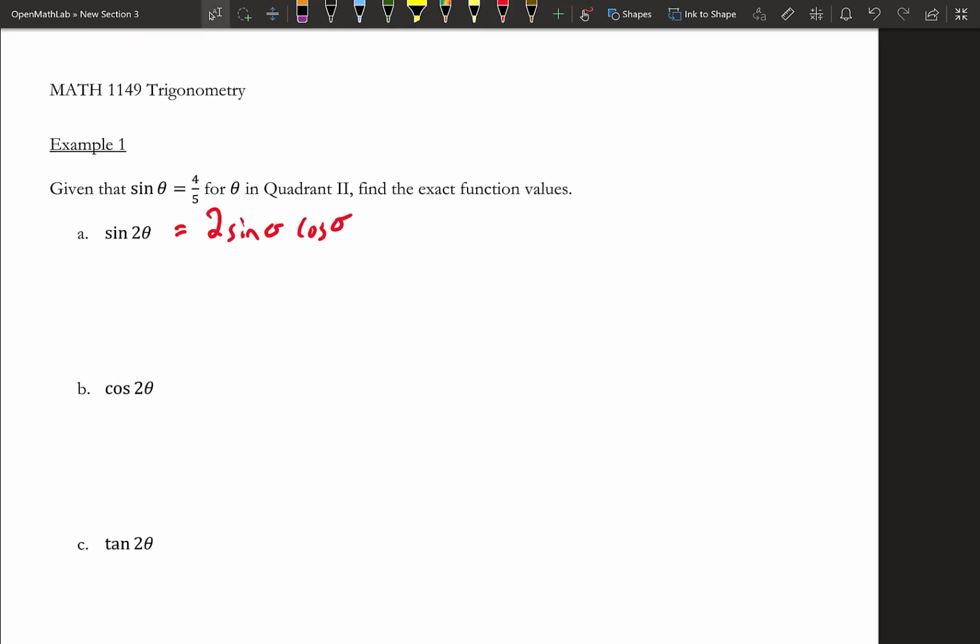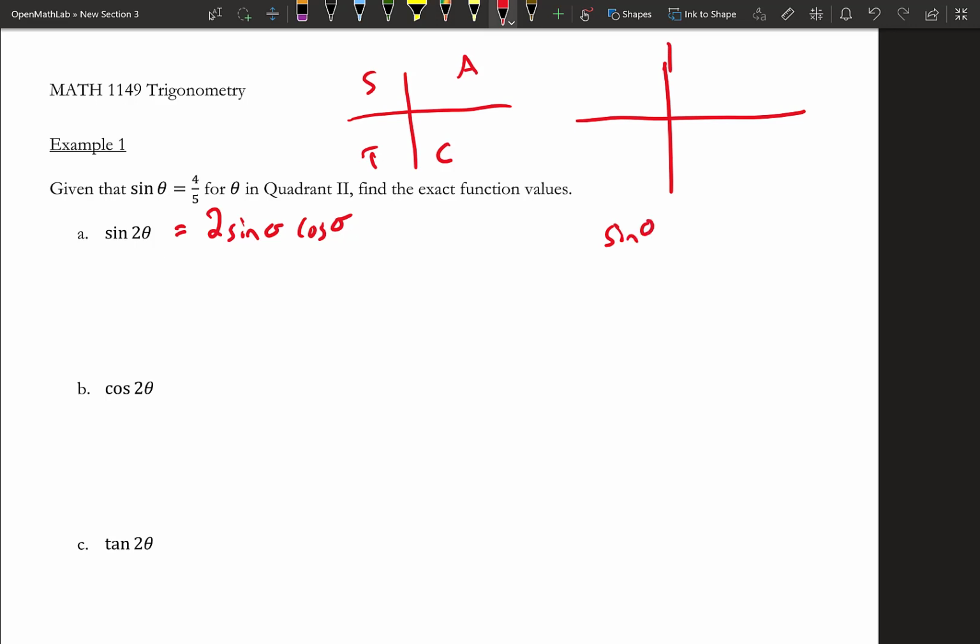If I draw a picture of this, I'll go ahead and write all students take calculus as a reminder for the signs of the trig functions. Remember that sine theta is equal to y over r, and cosine theta is equal to x over r. In other words, the y value is equal to 4 and r is equal to 5.